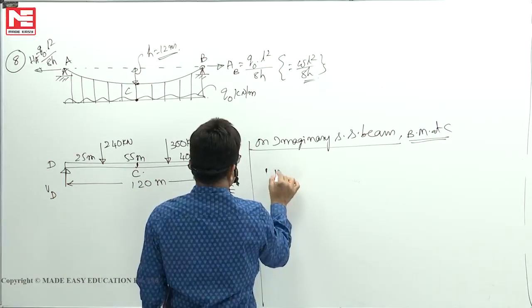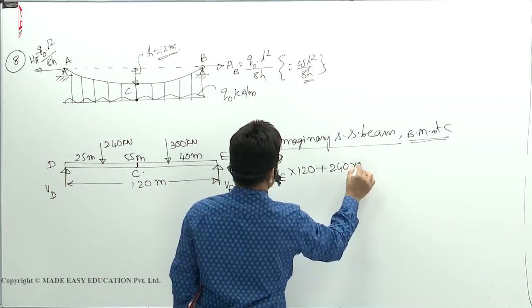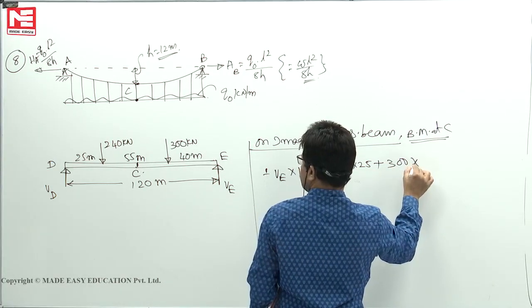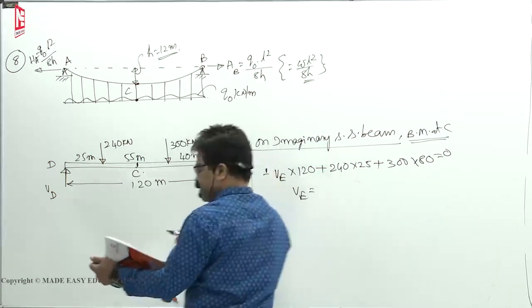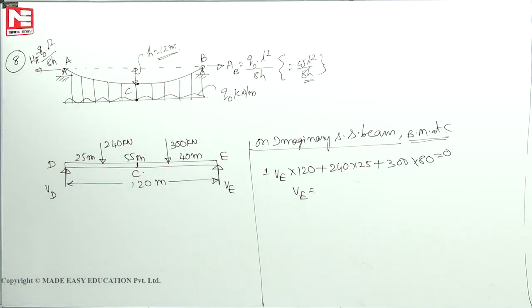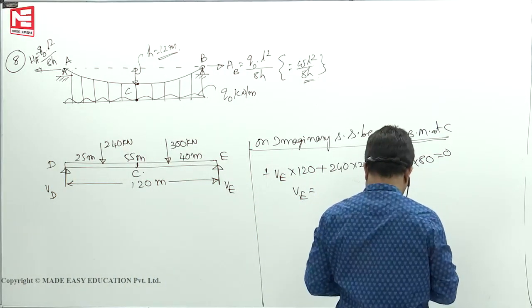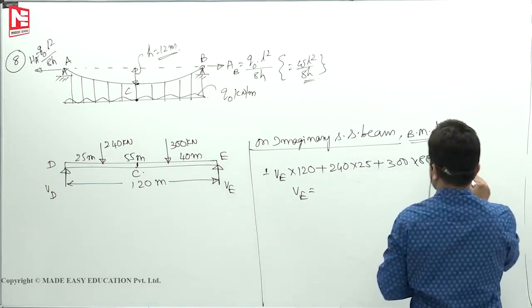Now minus VE into 120 plus 240 into 25 plus 300 into 55 plus 25, 80, is equal to 0. So from this you will get VE as 250 kilonewton.